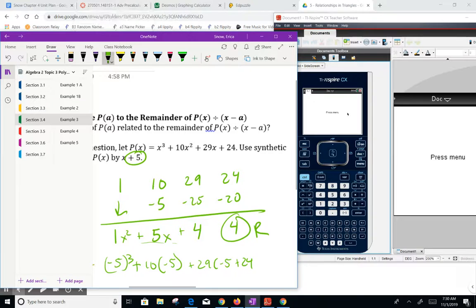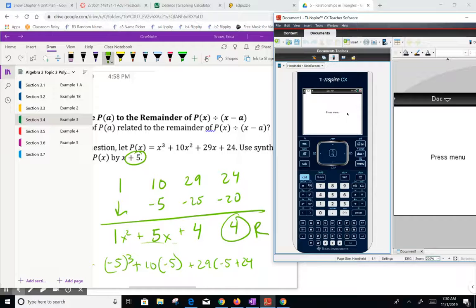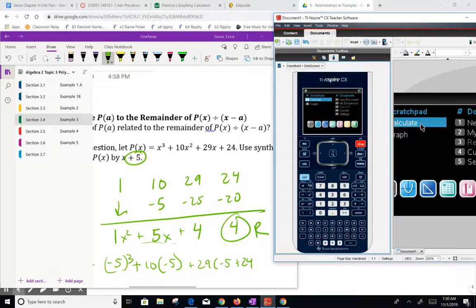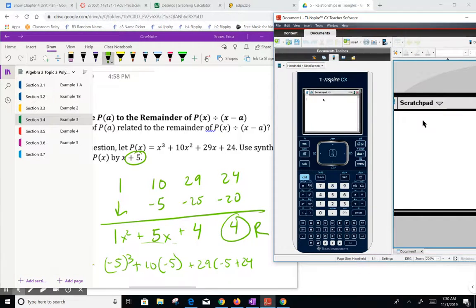And let's see what we get. I'm going to pop over here to the calculator. Negative 5 cubed plus 10 times negative 5 plus 29 times negative 5 plus 24.